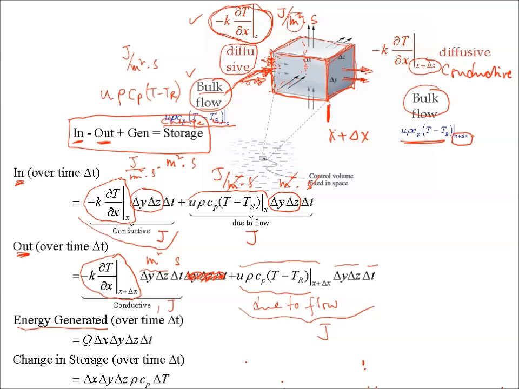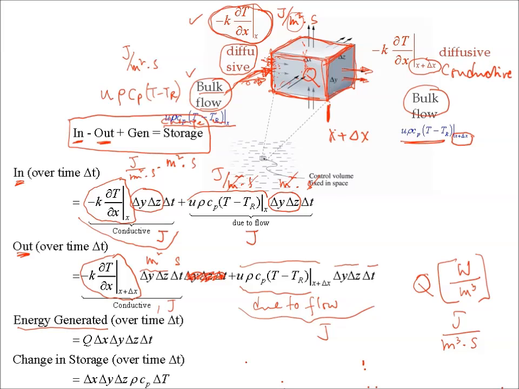A simple example of energy generation: if I chose this control volume inside a tissue, there could be metabolic heat generation Q inside the tissue that's in the control volume. So I define energy generation as Q, watts per meter cube, which is joules per meter cube per second.